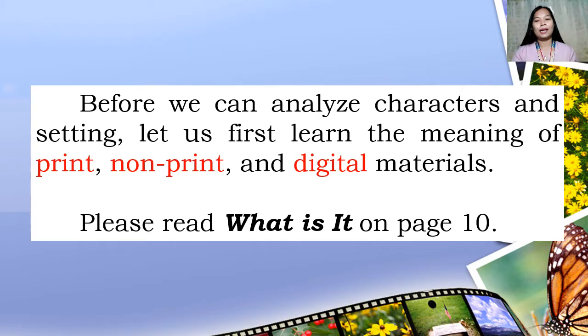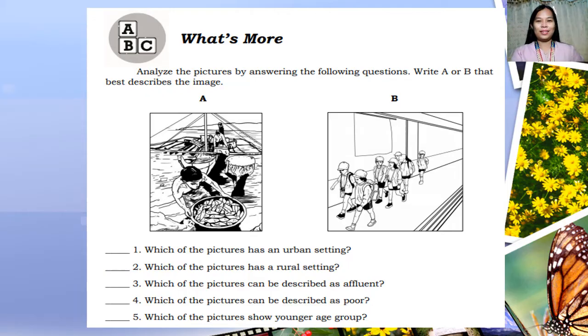Before we can analyze characters and setting, let us first learn the meaning of print, non-print, and digital materials. So please read what is it on page 10. Now let's proceed to what's more on page 11.